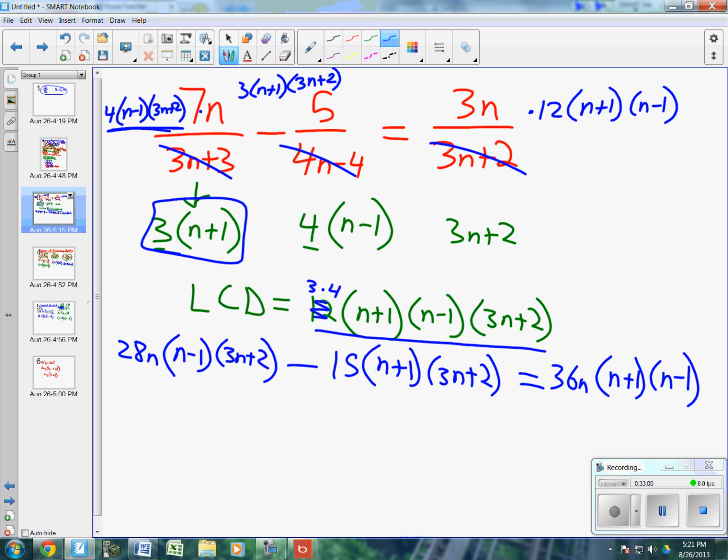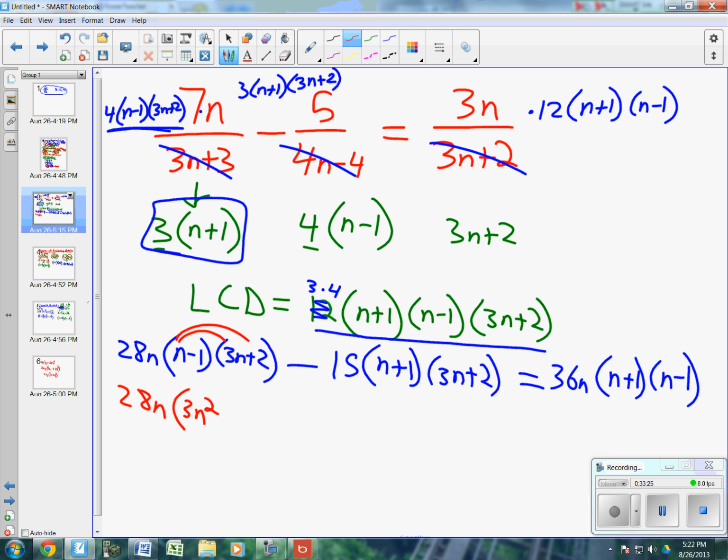So we have this problem. We have no more denominators because they all canceled out when we multiplied the least common denominator by them. So I just have to multiply all those out, get them all on one side, and solve it. First, I'm going to multiply all the binomials together. Right here, I'm going to have 28n times: n times 3n is 3n squared.